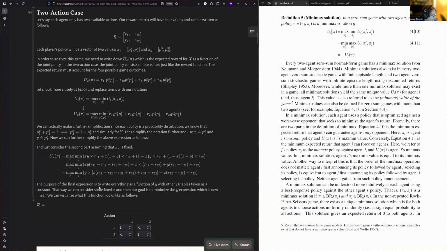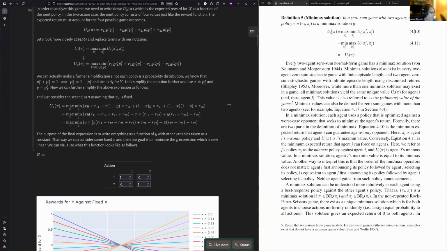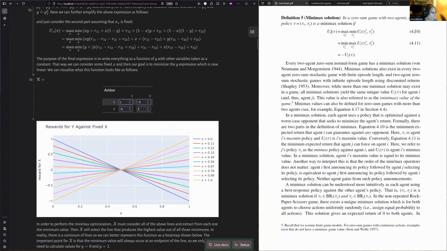Now, if I create this reward matrix for this game, here's an example of one. These are just the 4 different reward values. So then these are all of the lines inside of this minimization expression for different values of x, and in general, x will range from 0 to 1.